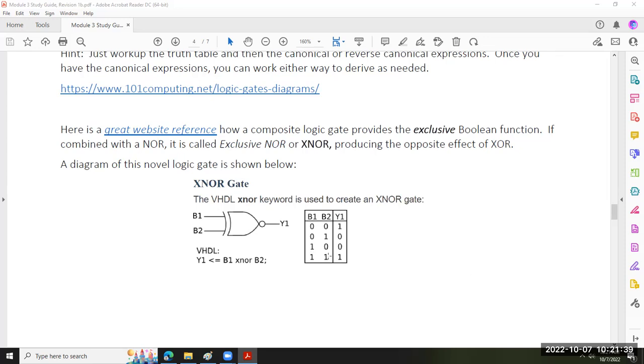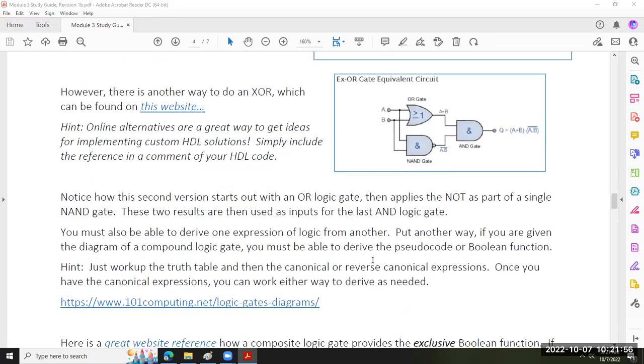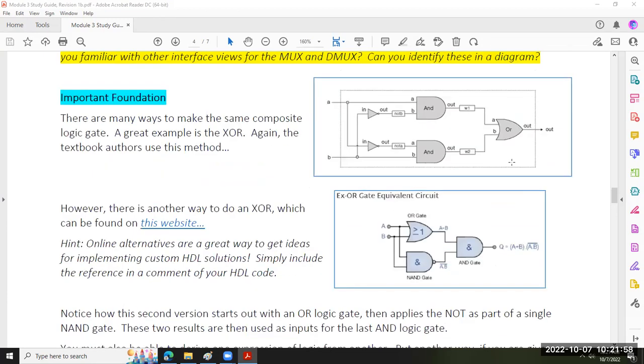When both are true, but there's, that is correct. When both are the same, both false or both true. Yeah, when all the inputs are the same, it lights up. So XNOR lights up when all the inputs are the same, whether false or true. XOR lights up when any of the inputs are different.